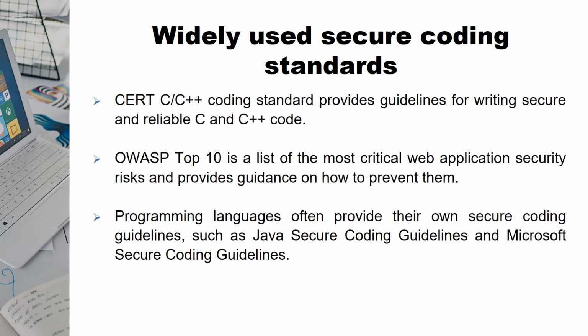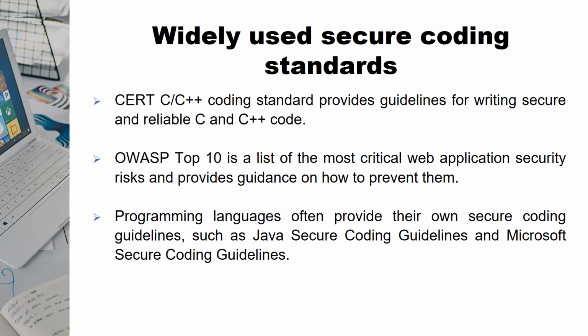Then we'll move on to widely used secure coding standards. We have the SEI CERT C and C++ coding standard. This provides rules for writing safe and reliable C or C++ code, which is important because these languages are prone to memory errors.